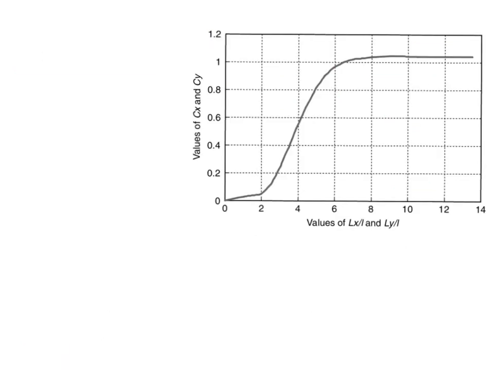In order to calculate the value of Cx and Cy, we will require this graph. This graph is a plot between the values of Lx upon L and Ly upon L, and Cx and Cy. In order to read this graph, we require two quantities, that is Lx upon L and Ly upon L. Let's come to your problem figure again.